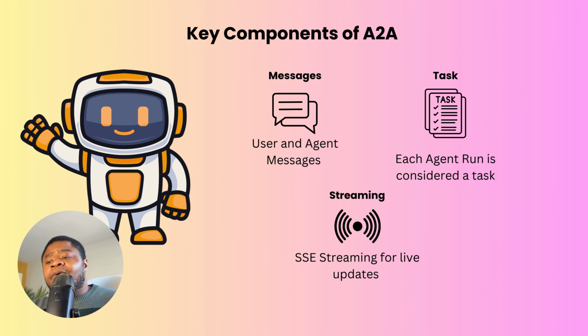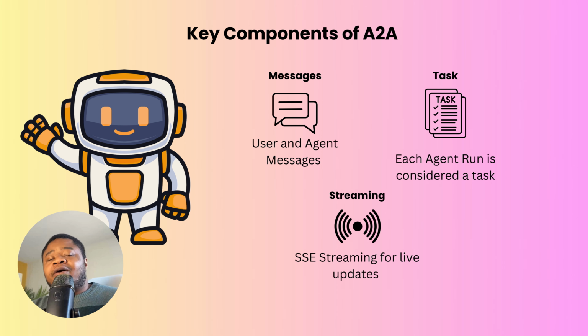So other components are important here. Messages are basically communication between the client agent and the remote agent, right? Each message could be either a user or an assistant role message. All right, next thing is tasks. Now this is so important. Every agent runs, and there's a task, and this is how you track each run from start to finish, like what's going on.